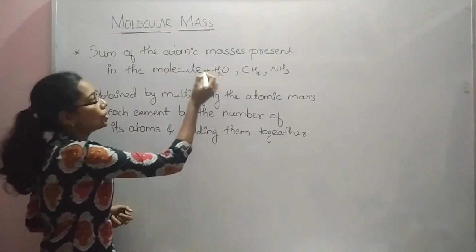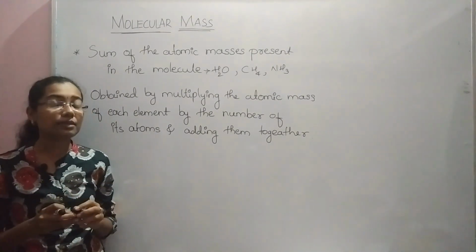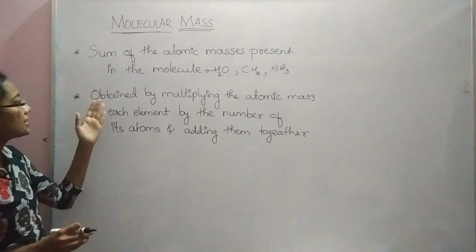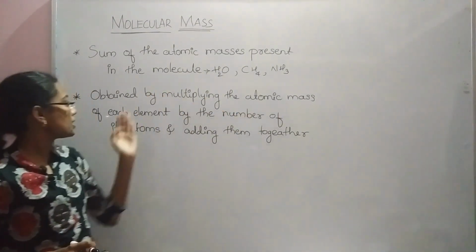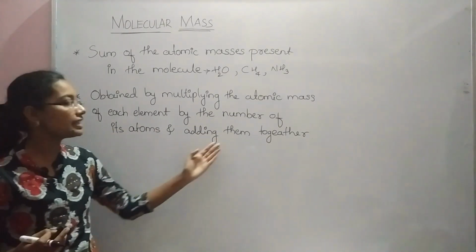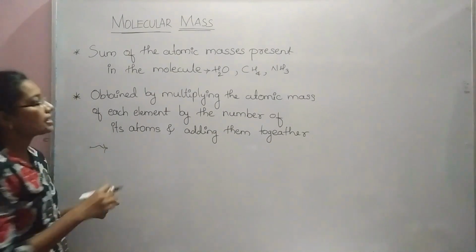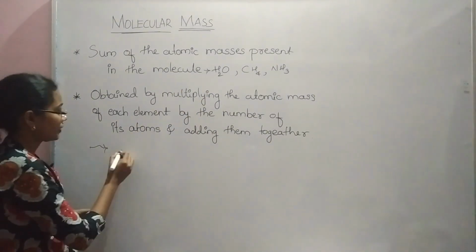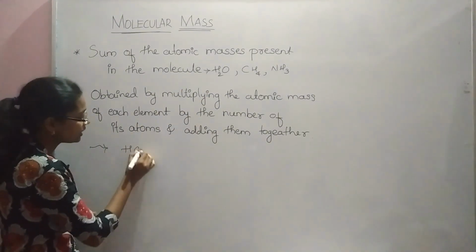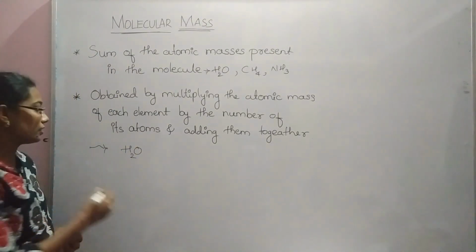These are the molecules. Okay, and how do we obtain the molecular mass exactly? That is by multiplying the atomic mass of each element by the number of its atoms and adding them together. As we saw, the water molecule, this is the molecular formula of water.